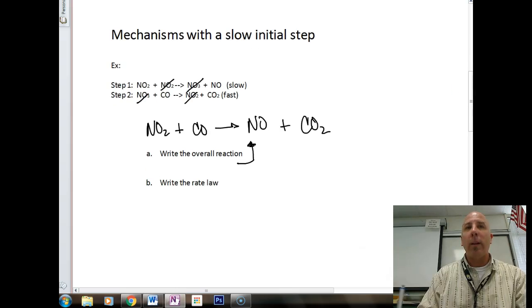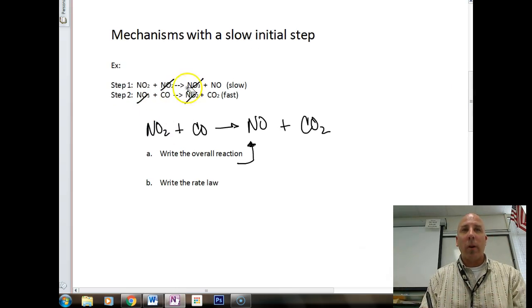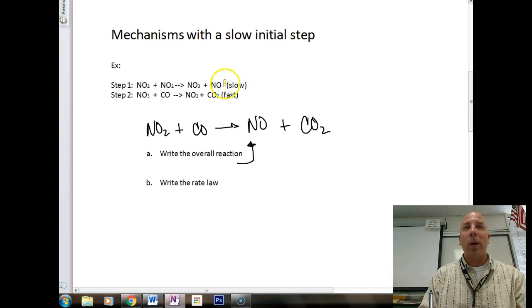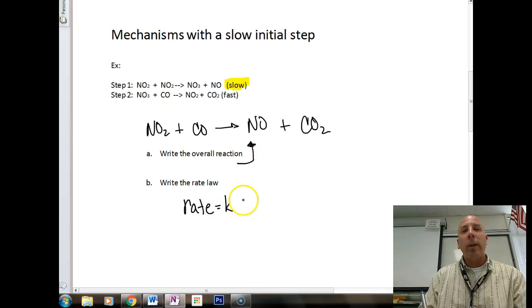Now we're going to write a rate law. Rate laws off of initial slow steps are relatively easy to write, because all we have to do is identify the slow step. And there's the slow step. Remember, when writing rate laws, we always write rate is equal to k, and we're only going to include our reactants.